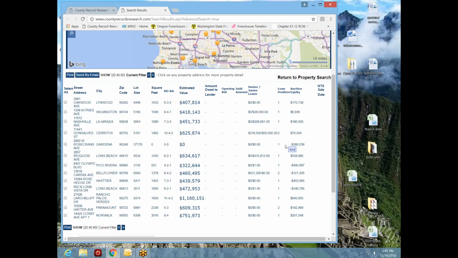Okay, so you will see HOA liens pop up in the system. They follow a little bit different rule because the HOA has to get an assessment lien recorded, and then they need to file the notice of default, and then they have to take it to auction like a loan does. But in that situation, if they do so, then the person who bids at auction becomes the owner after 90 days from the date of the auction.